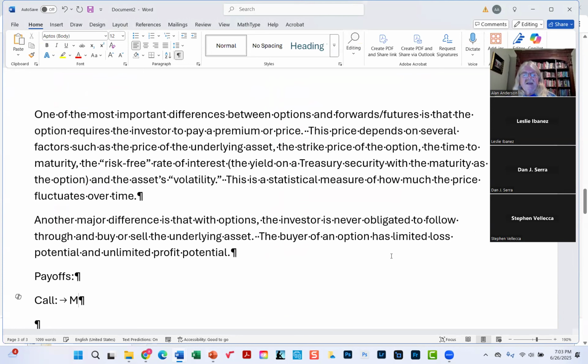Recall that's max of S minus X and 0. For a put, it was the max of, it's the opposite. And these are the buyers, by the way. I should have specified that. For sellers, it's the negative.